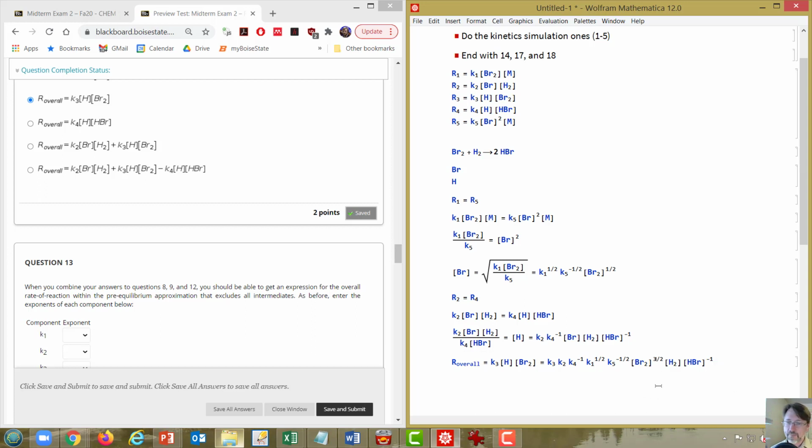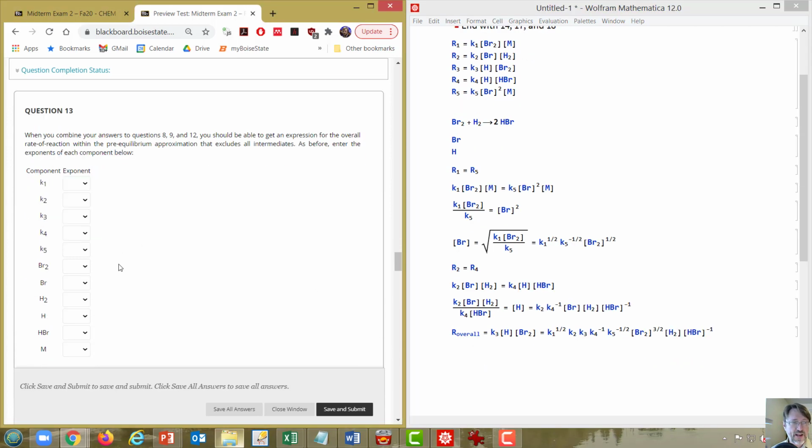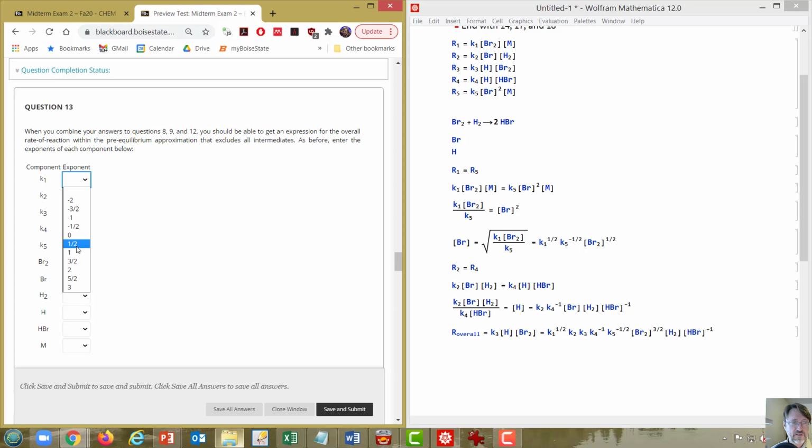And we have our expression in a form that is actually very convenient for us as we are trying to put it into the Blackboard answer. So I'm simply shuffling the order of these so that they're in order and easy to see. So K1 should be to the 1/2. K2 should be to the 1. K3 should be to the 1.